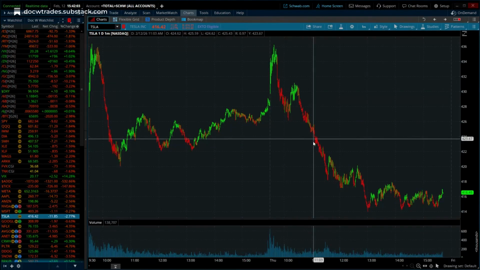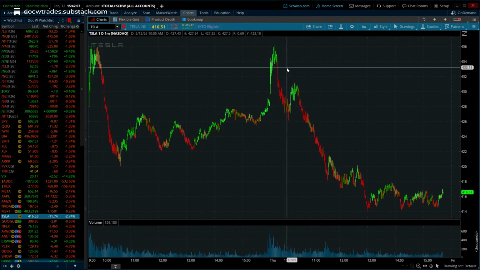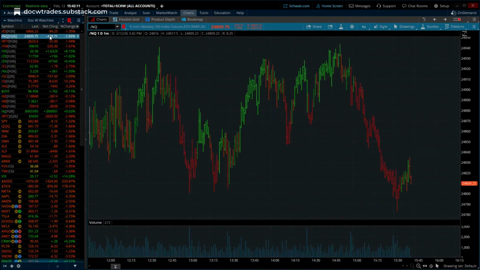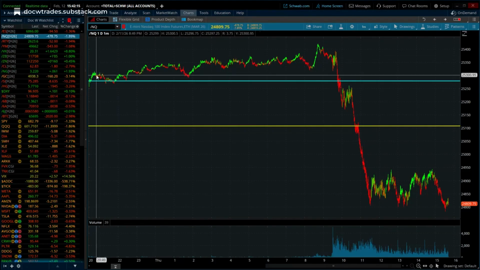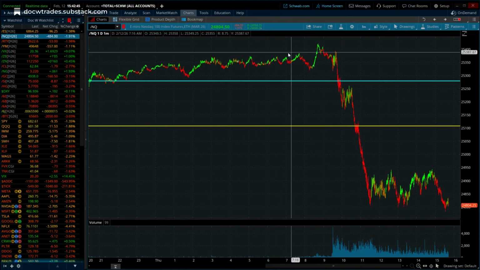You're getting these huge moves in the stocks and in the indexes. And these options don't trade overnight. So you're not getting the huge moves overnight in the early market for the most part.